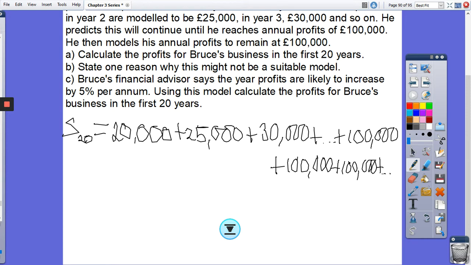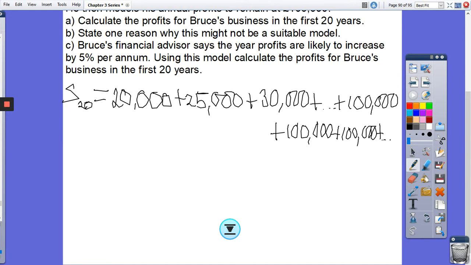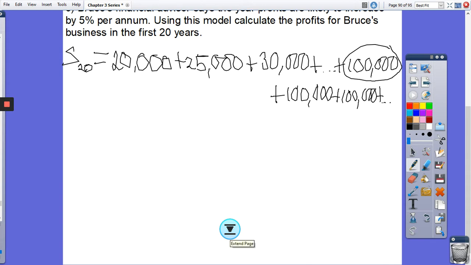So the key to all this is first of all working out how many terms in are we for this term here. And we're going to use our general form for a term in an arithmetic sequence to work this out.